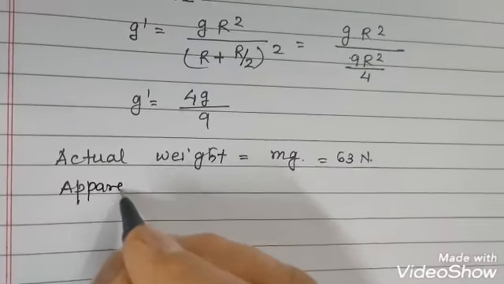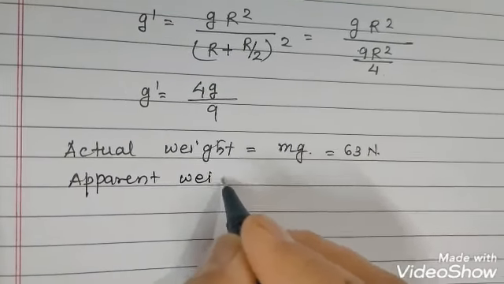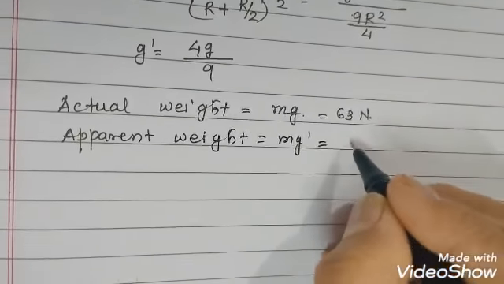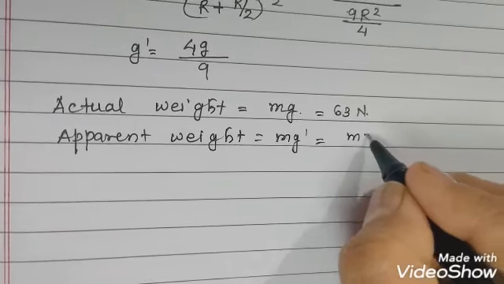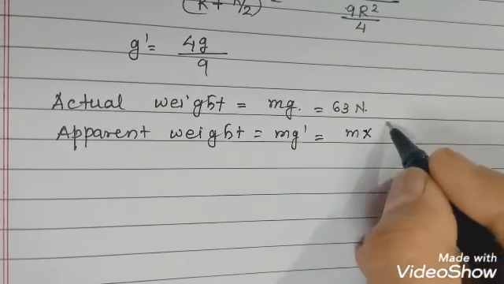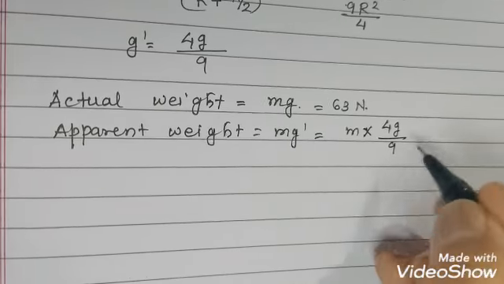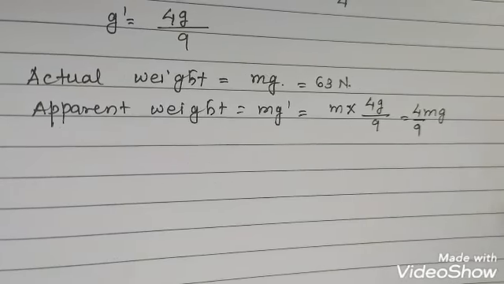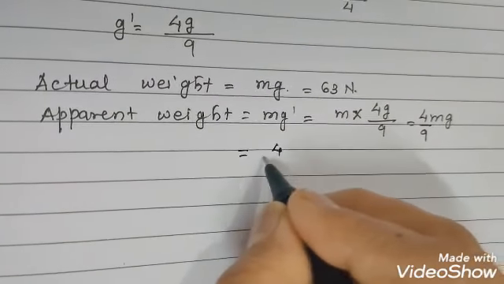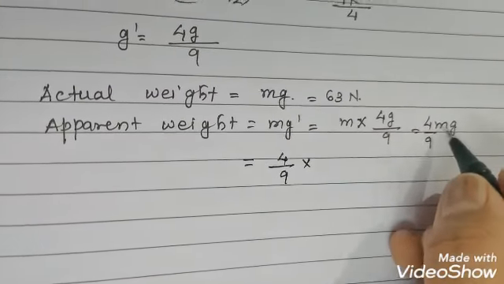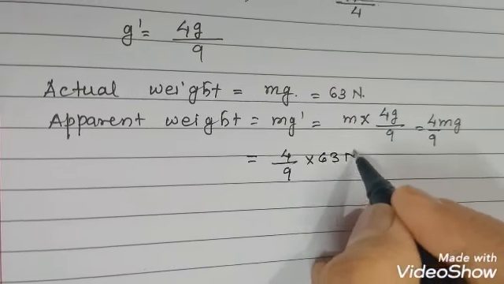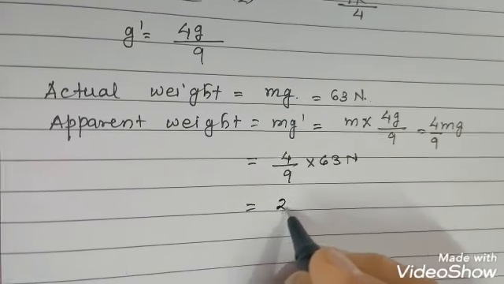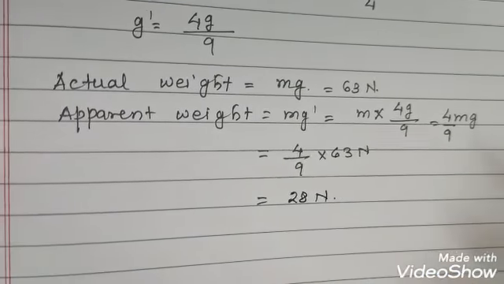Then the apparent or effective weight will be equal to m g dash, that is m multiplied by 4g upon 9, that means 4 upon 9 mg. Since mg is equal to 63 Newton, 9 sevens are 63 and 4 sevens are 28. So this is 28 Newton.